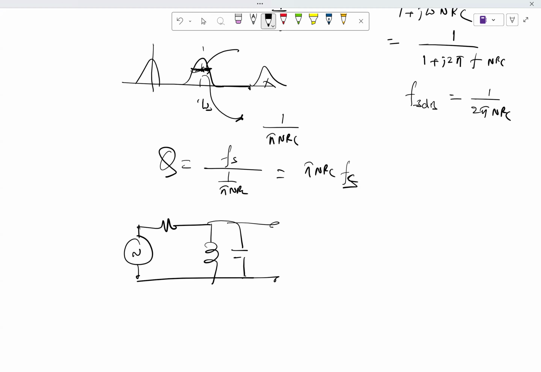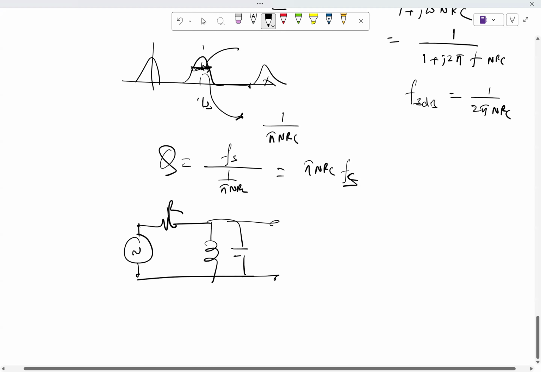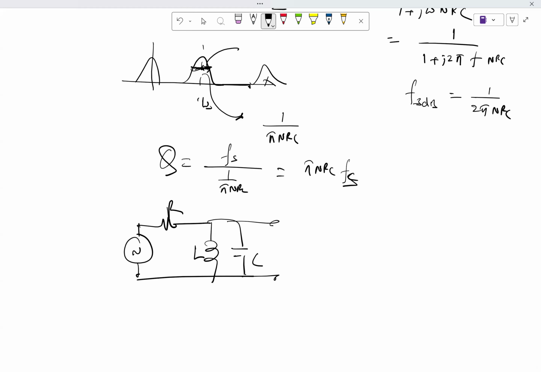The Q factor of this is fixed, if you have a certain amount of R, L, and C. So your Q factor is essentially dependent on L, C, and R. The problem is that your L is also lossy in a chip, and that loss is very difficult to control.